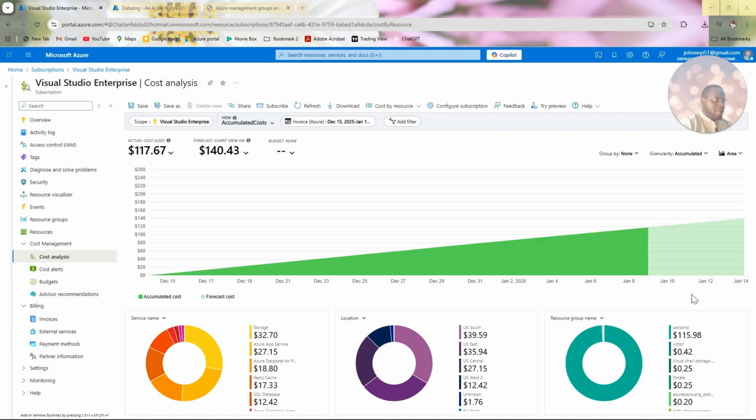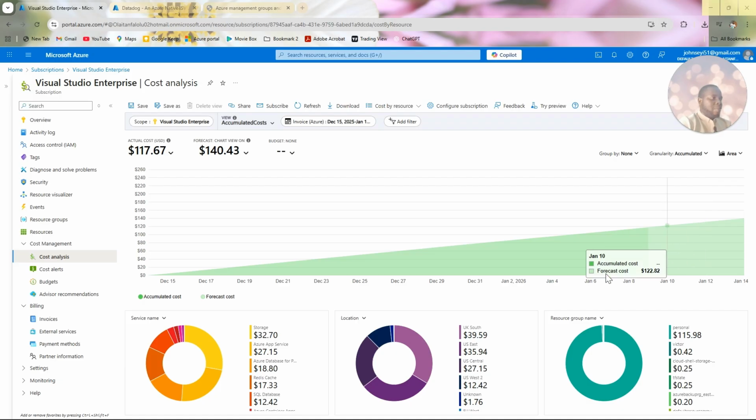For instance, based on this trajectory, by this day, my spending would have gotten to $140. Today, my spending is 117. Can you see it? My forecast on the 14th, my spending is going to get to 114. Looking at the 12th, my spending will get to 131.